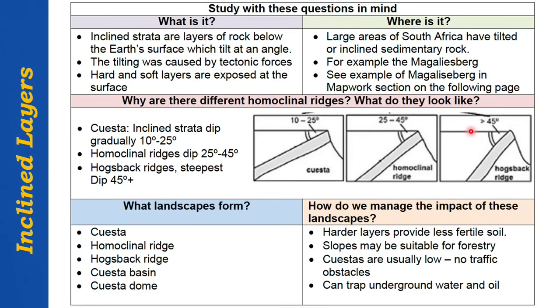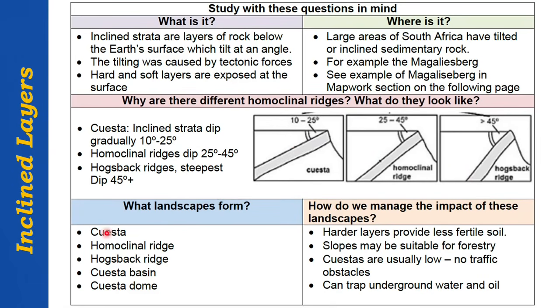And if that incline is even steeper, greater than 45 degrees from the horizontal, then I call it a hogsback ridge. So grade 11s, your cuesta, your homoclinal ridge, your hogsback ridge, they're the same thing. The only difference is the angle between this layer and the horizontal. And depending on the angle, it gets a different name.